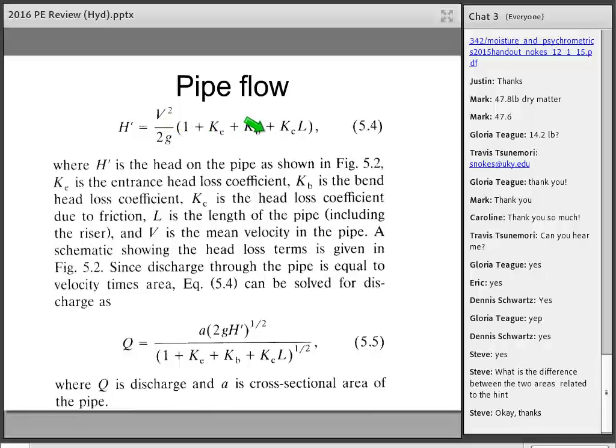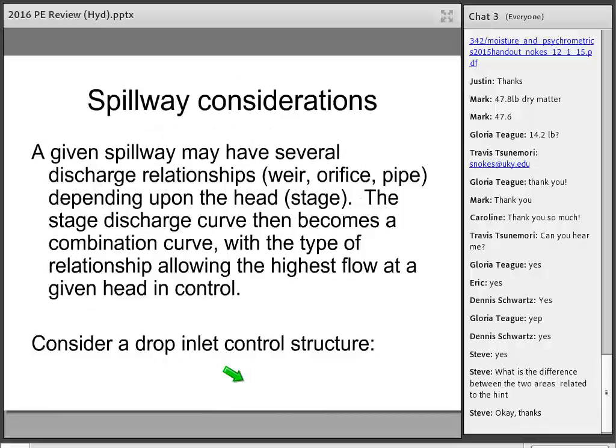You've got a bend head, and then you've got a friction that's a function of the length that you're dealing with, including the riser. And you come up with a discharge based on all of those losses and the velocities that you're dealing with. What I'd recommend you do if you have to do this kind of a question is to find an example and have a pipe flow example marked as a tab, and then you can just kind of work your way through it.